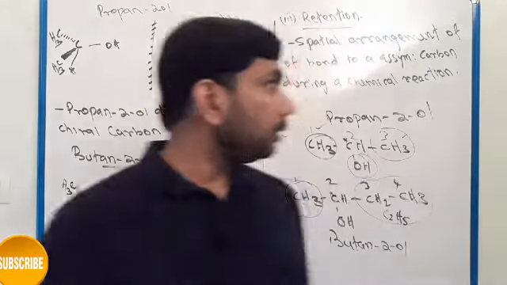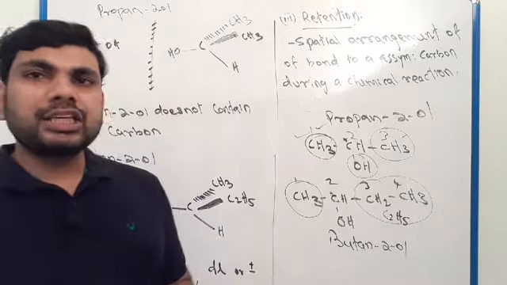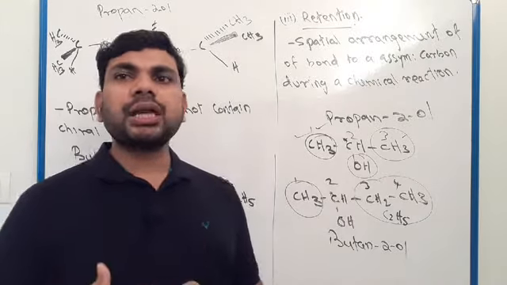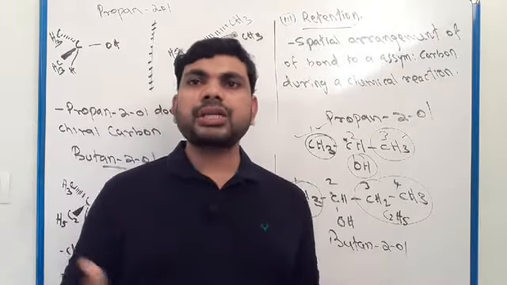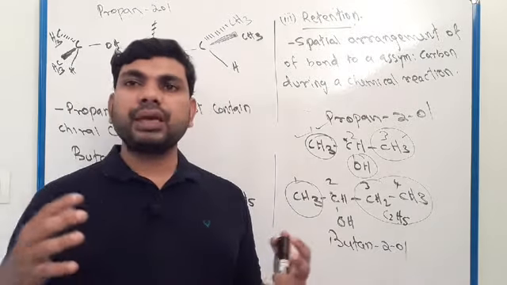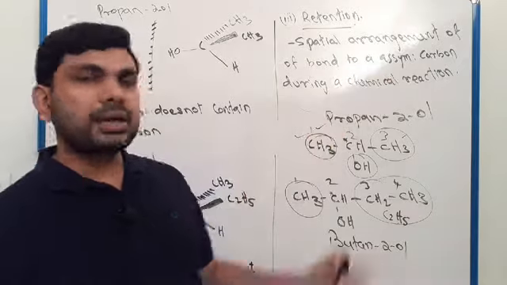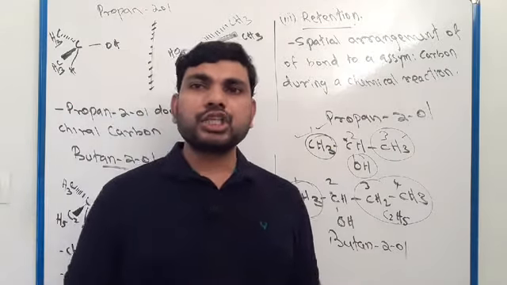Clear? Okay, next one, here we have to understand retention. Retention means the spatial arrangement of different bonds. Spatial arrangement of different types of chemical bonds around an asymmetric carbon atom in a chemical reaction. This is called retention.